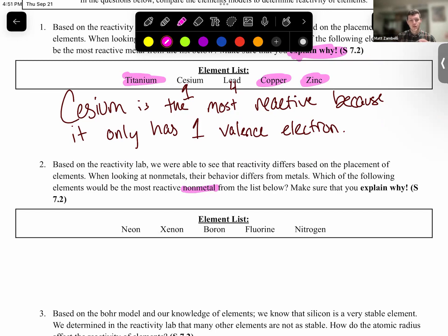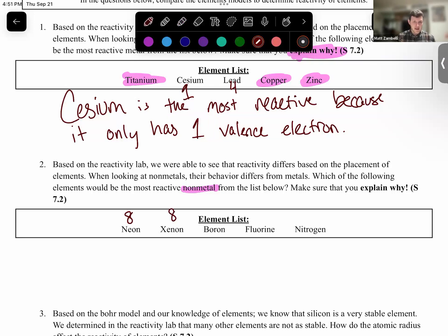Two things to remember, though, is that we don't care about our non-metals that are in the last column, column 18. And that's because those elements have 8 valence electrons. So things like neon and xenon have 8 valence electrons.